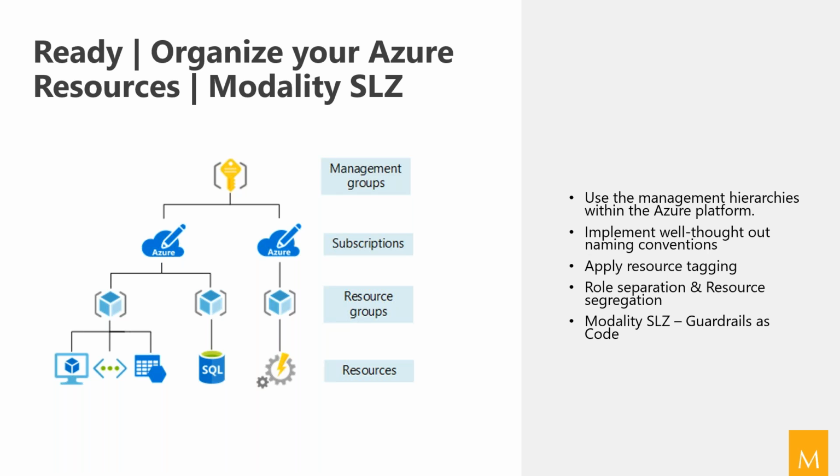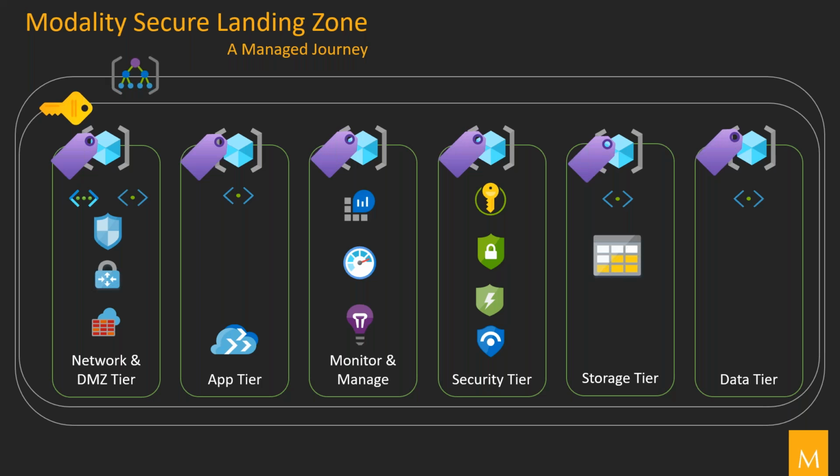We have an example of what a secure landing zone looks like, and we've deployed this for several customers in financial services. As you can see, we've taken that previous slide and broken it down a bit further into what Modality would do as part of our secure landing zone. We've got those management hierarchical capabilities and policies, and at a high level, you should have policy, which is your governance.